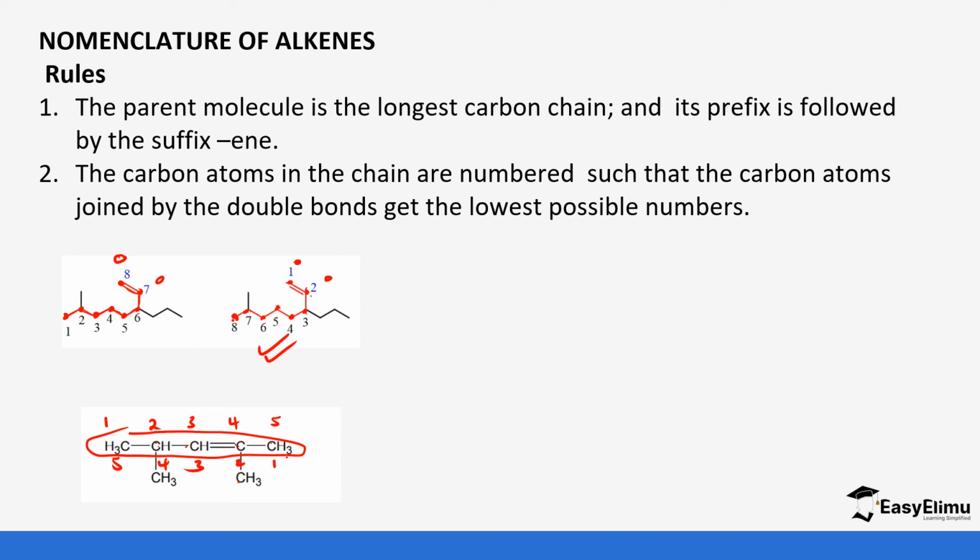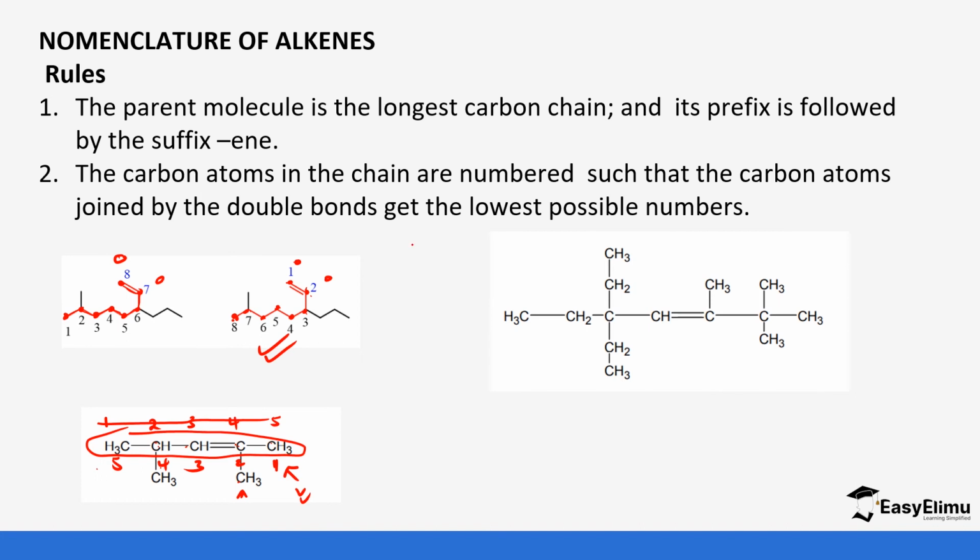If we pick the other side, the first carbon bonding the double bond would be carbon number 2. So the second one is the one that we pick. You start counting from this direction, 1, 2, 3, 4, 5. The upper one, we are not picking this one.